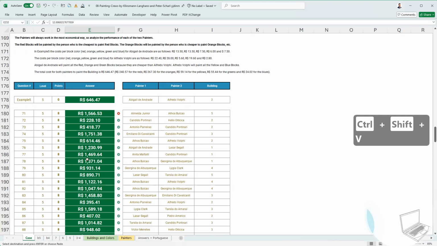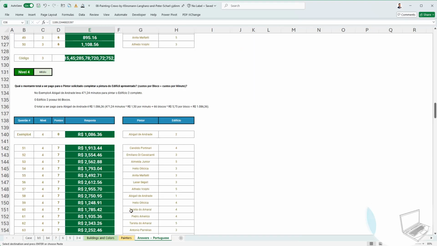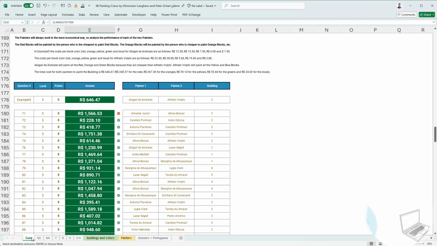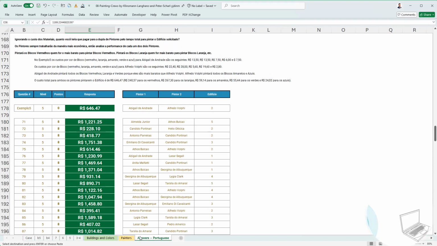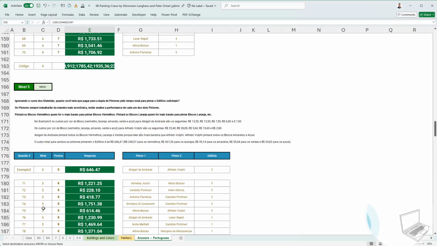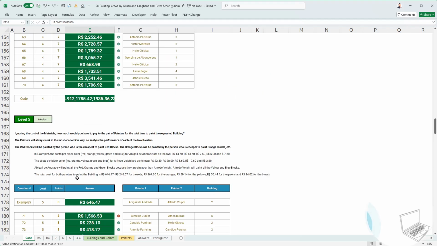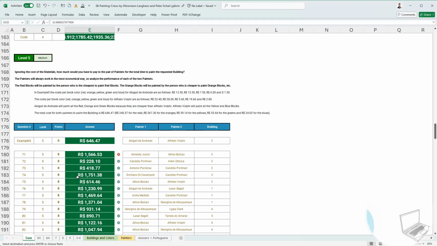And there are a few errors here and there, so that's completely wrong. Level 5? How can this be possible?